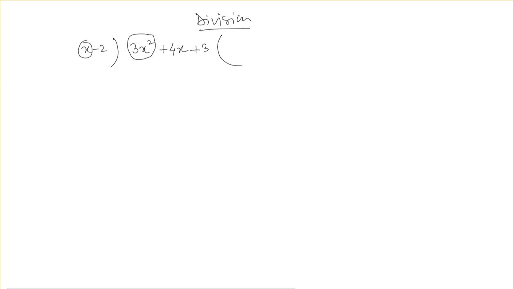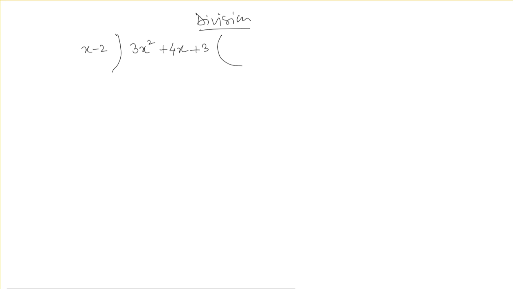Remember, things must always be written like this: x power 2, then decreasing x power 1, then x power nothing, that is x power 0. And in the divisor also x power 1 and then x power nothing. So the variable power must be written in such decreasing order.